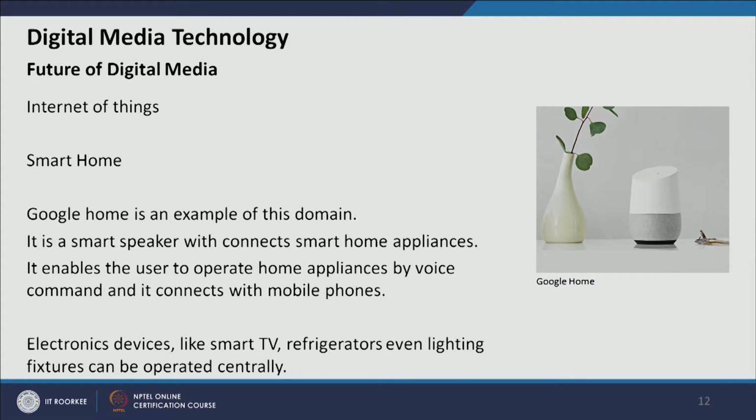And there are some already available appliances in the domain of Internet of Things. For example, Google Home. Google Home is a device which connects all the smart home appliances. All the appliances have to be electronic, and should be able to send data to and connect with the Google Home.